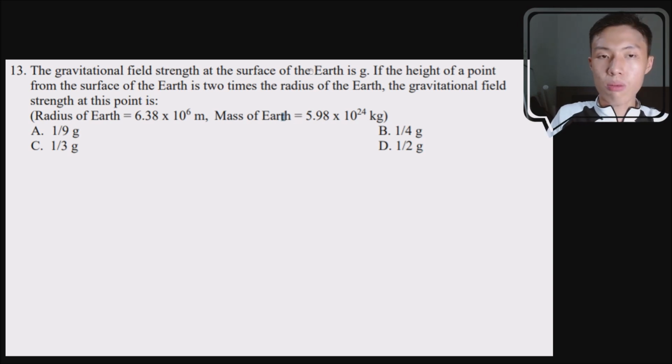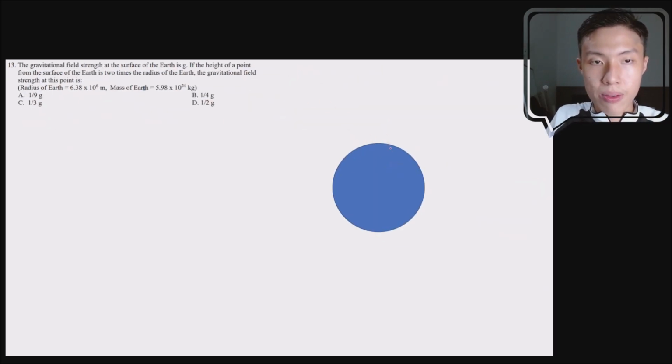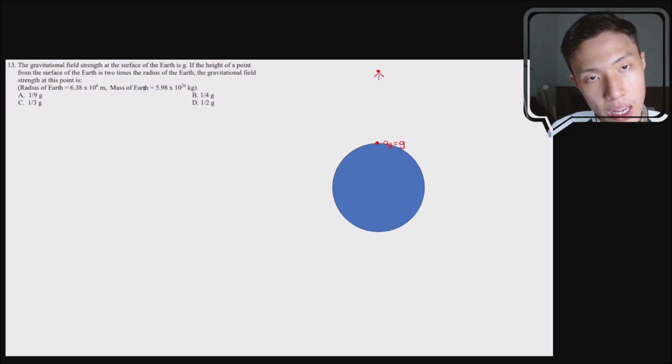Okay, let me use the diagram to illustrate the situation better. So they say that at any point on the surface of the Earth, the gravitational field strength will be equal to G. Whereas on another point, say somewhere here, this point here has a height which is equivalent to 2 radius of the Earth.